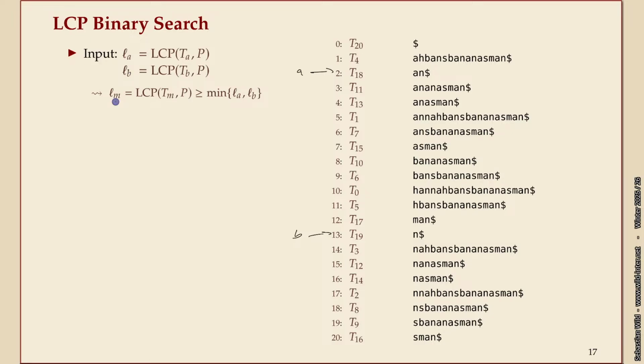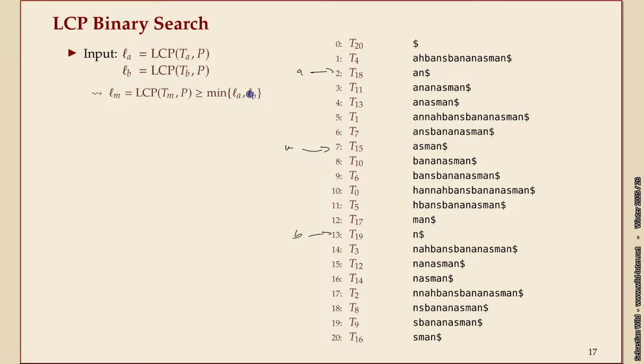Immediately we know, because this is a range in the suffix array, these are sorted strings, that the longest common prefix between this LM, the midpoint that we choose in the binary search, and the pattern has to be at least as big as the minimum of these two, because P lies between those two, and all the strings between A and B share these characters.